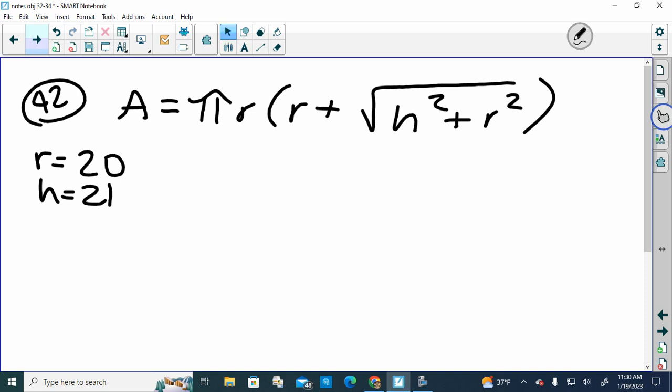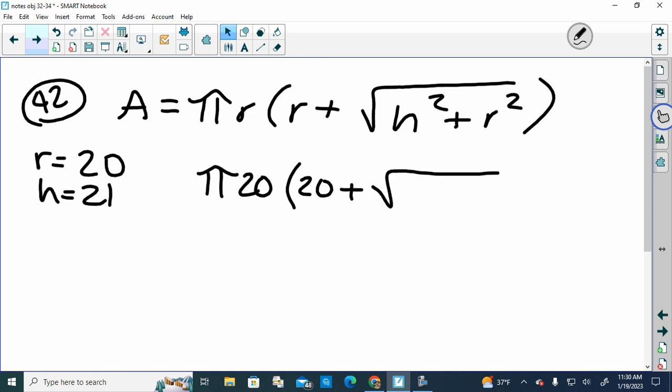The pi is going to stay there. My R is 20. Then R again, so it's 20 plus, and inside the radical I have H squared, so 21 squared plus R squared, 20 squared. Pretty good so far.